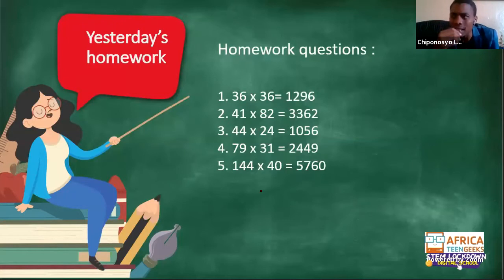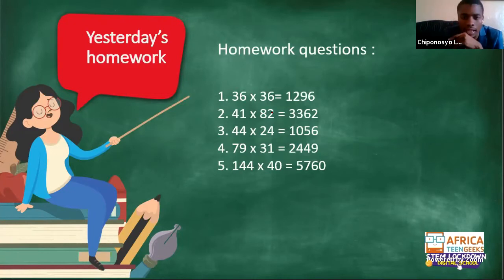Once you understand, you'll be able to multiply 3 digit with 3 digit, 4 digit with 4 digit, 5 digit with 5 digit. Why? Because you understand that when I'm multiplying here, I'm not just multiplying 5 with 5 or something simple.